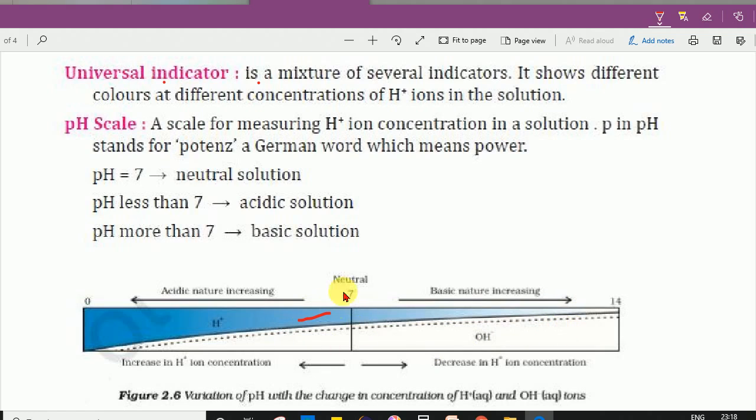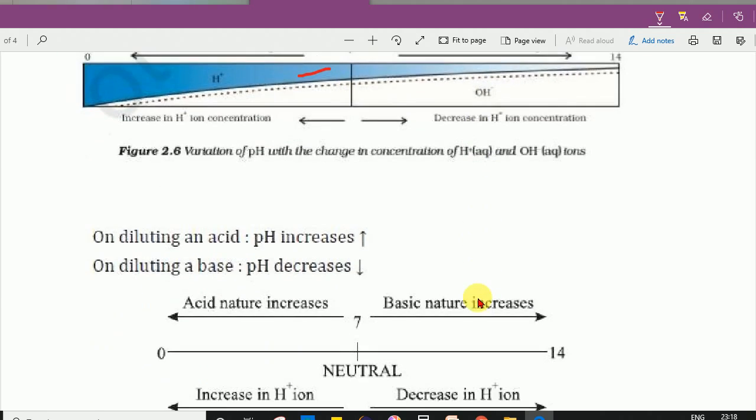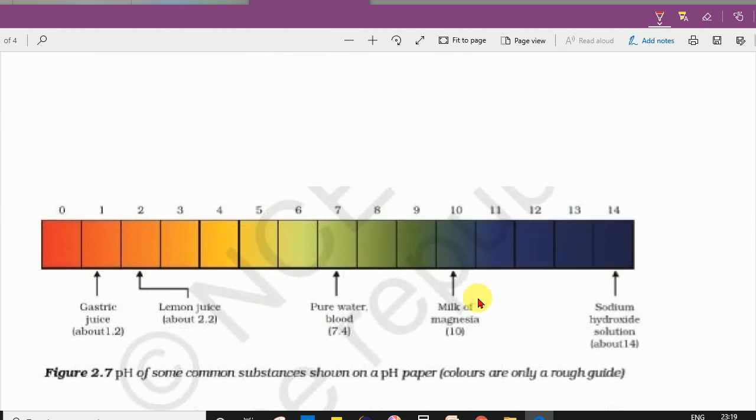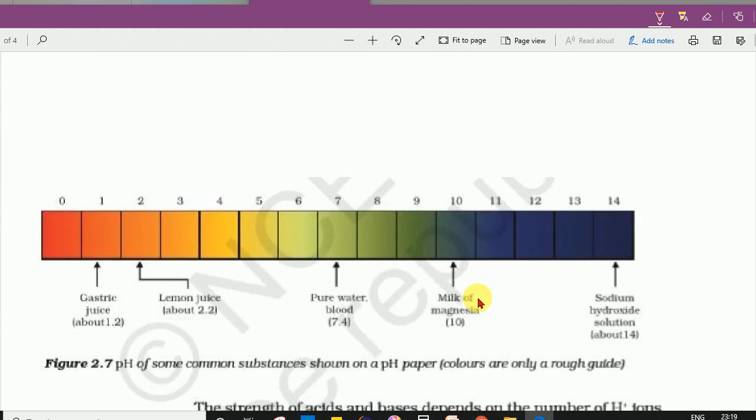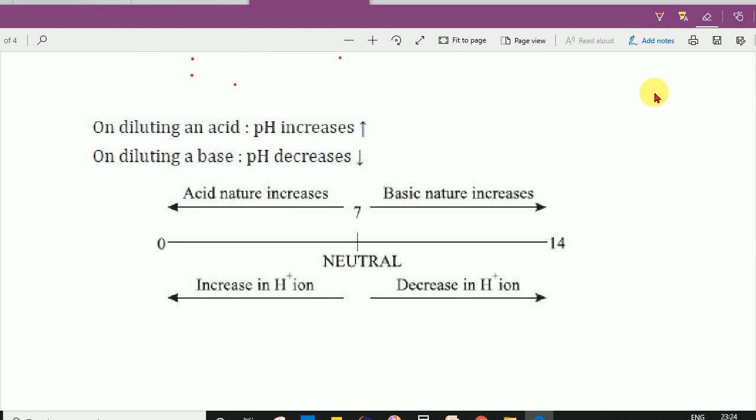Actually, these values of pH 1, 2, 3, 4, 7 come from a logarithm, which is not in your course. All the values come from the log value, which is in class 11. I was telling you that the pH numbers 0 to 14 have been calculated by a particular formula.